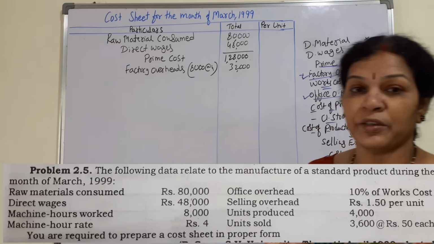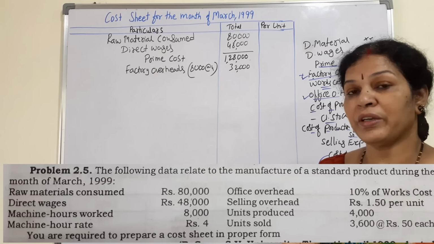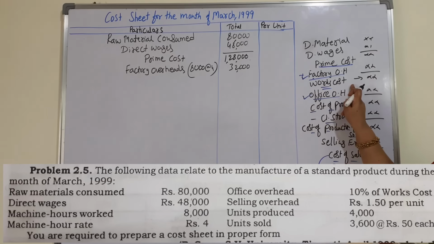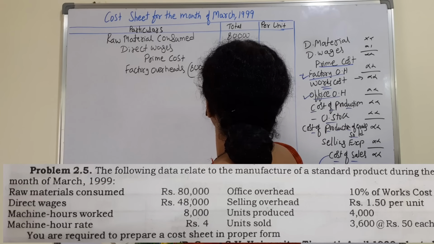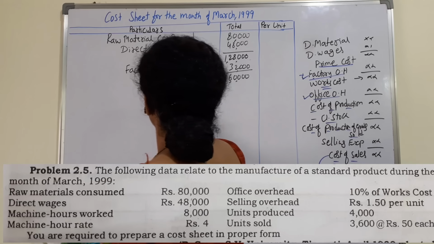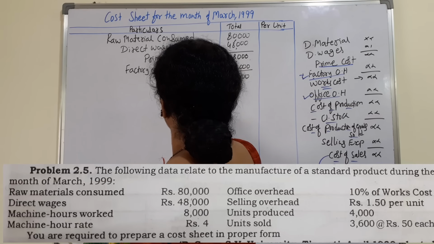So this is factory overheads. If we add factory overheads, what do we get? Here works cost, right? So we are going to get works cost 1,60,000. So this is works cost or factory cost also you can say.